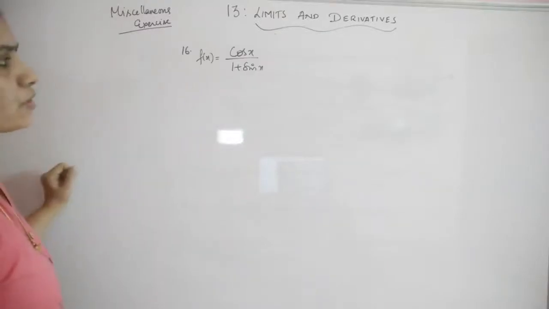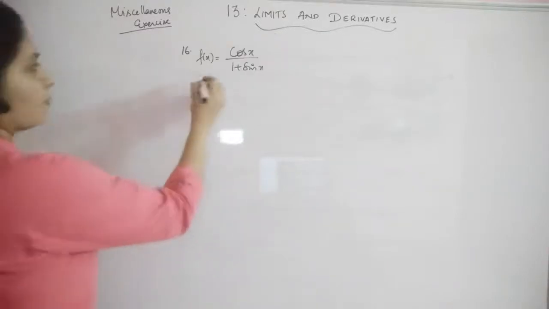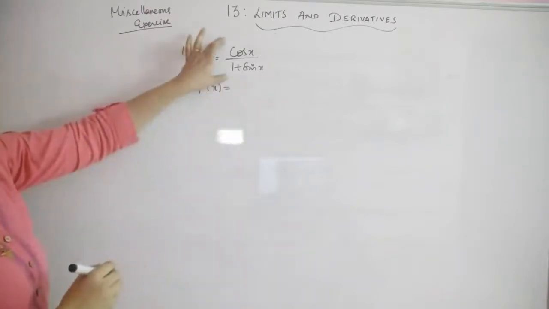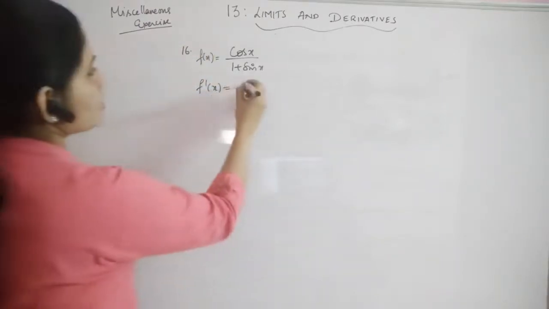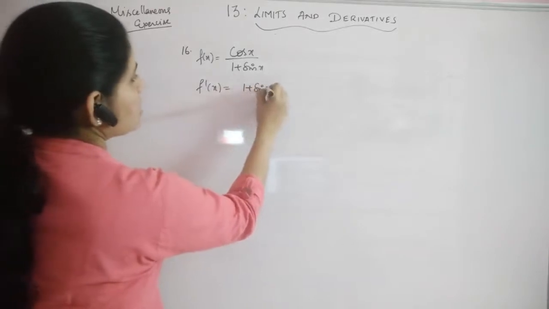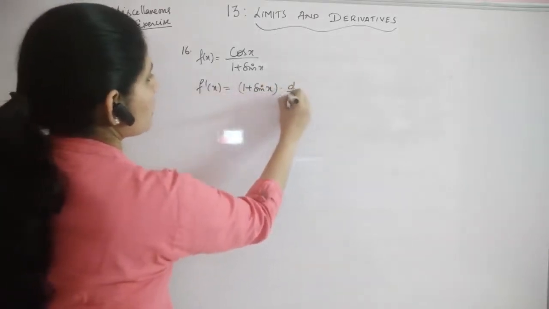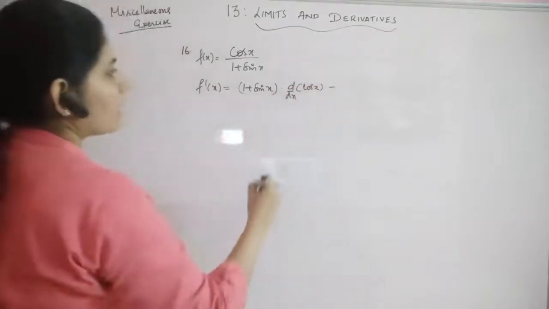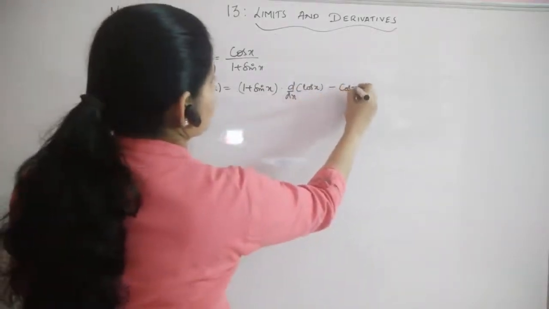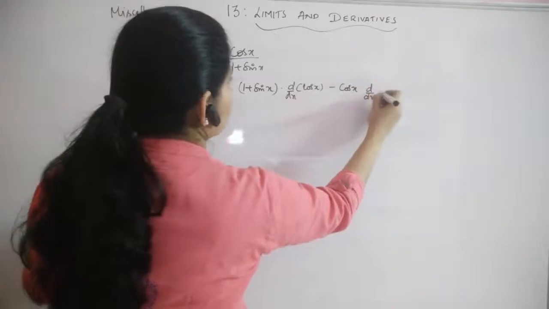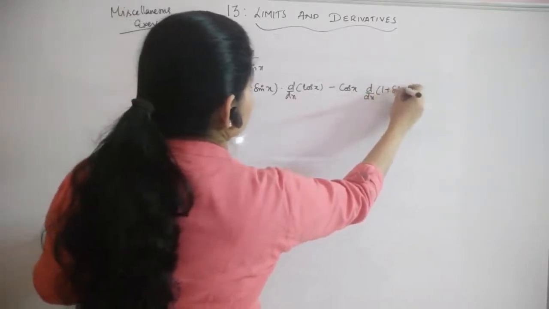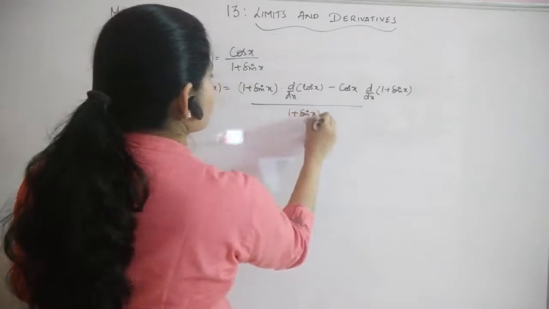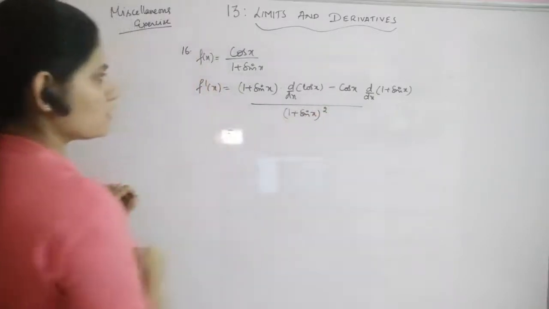f of x is equal to cos x by (1 + sin x). f dash of x, you can use quotient rule. So you will get (1 + sin x), that is denominator, into derivative of cos x, minus numerator, which is cos x, into derivative of denominator, divided by denominator square, that is (1 + sin x) the whole square.